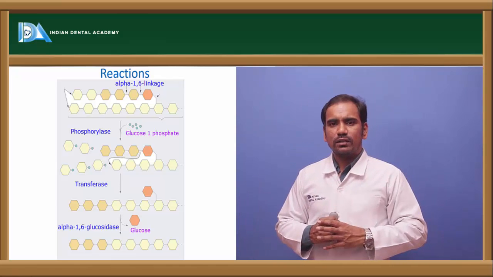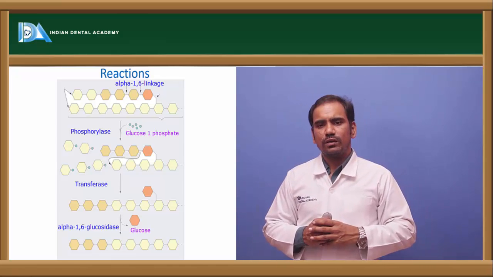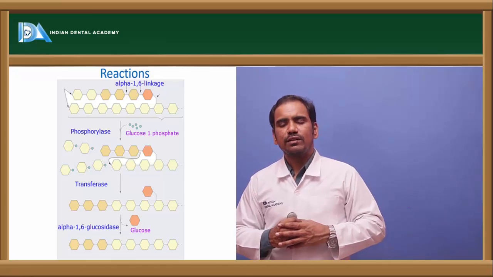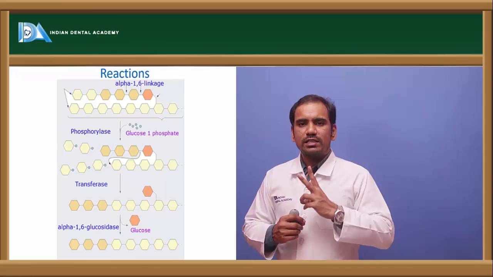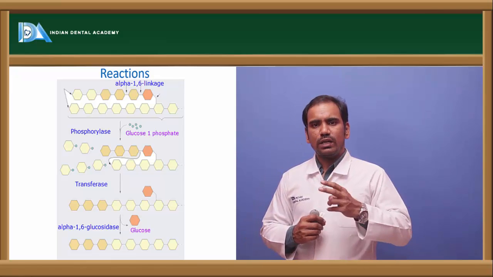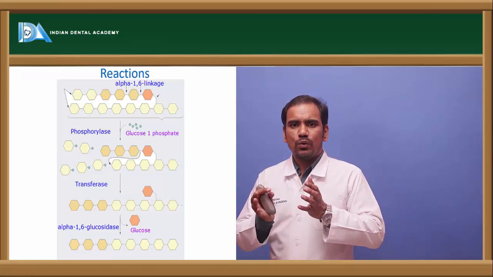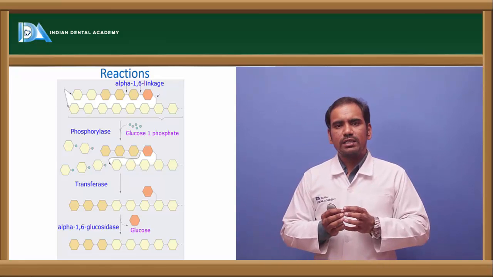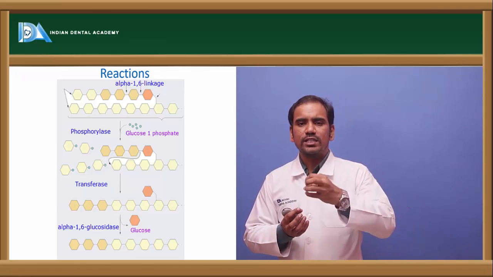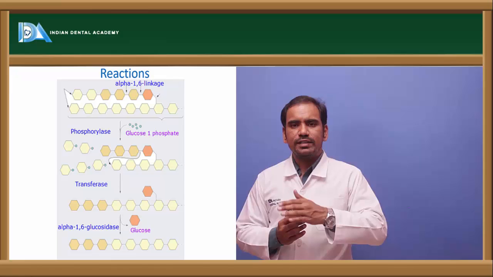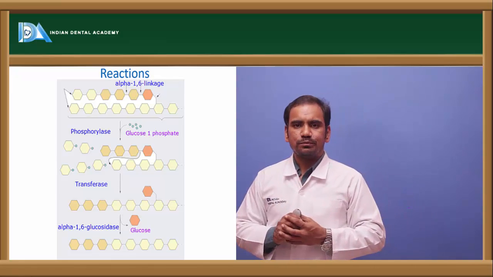That single glucose residue is removed by the action of the glucosidase. So the debranching enzyme has two activities, transferase action and glucosidase action. The glucosidase action removes the glucose residue at the branch point as free glucose. It is not released as glucose 1-phosphate, but as free glucose.